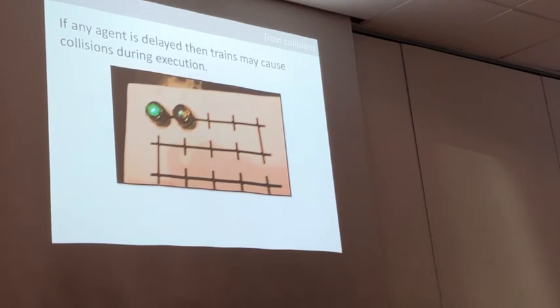Yeah, my point was that it's not the train which is the reason of collision. So train is actually good. It's the distance between the nodes. Because if the distance is okay and you assume perfect execution, it's okay. If you assume perfect execution.